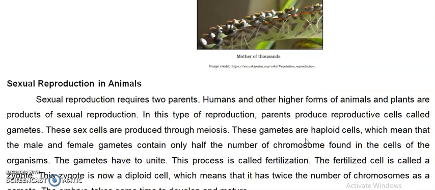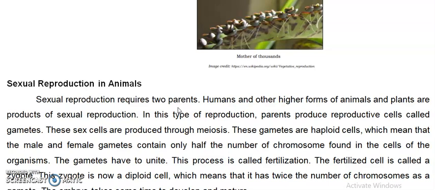Then let's proceed to sexual reproduction in animals. Sexual reproduction requires two parents. It occurs when a new individual is formed by the union of two sex cells.